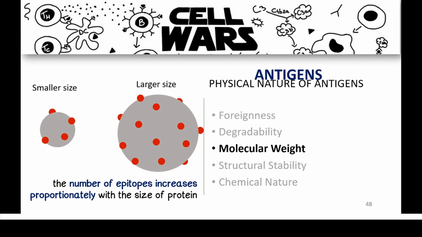And aside from that, larger molecules are more immunogenic because they are easily phagocytized. And likewise, antibody formation is increased if the antigen undergoes antigen processing. And larger molecules are more likely to undergo antigen processing.